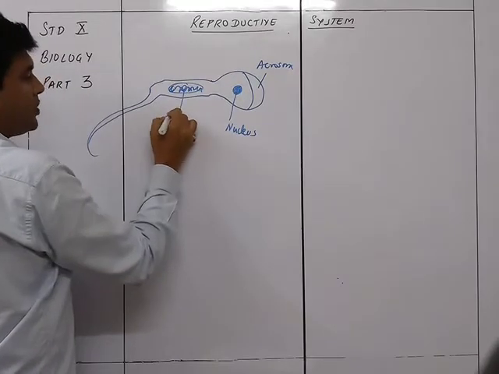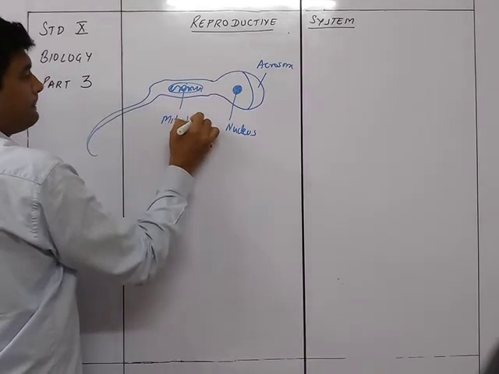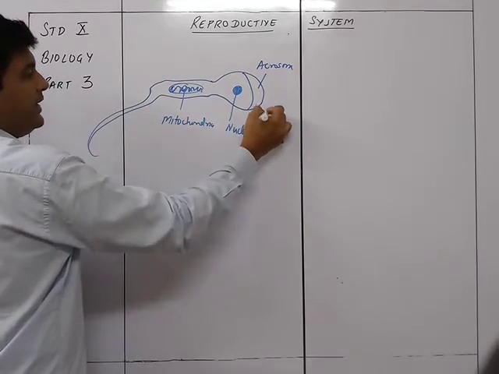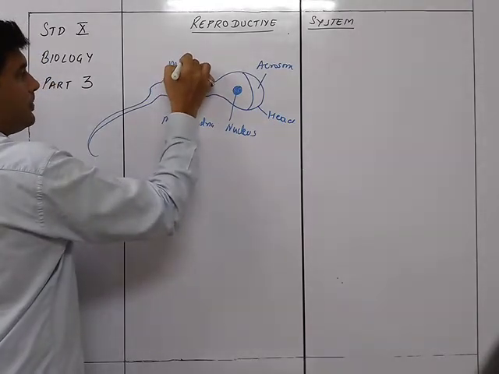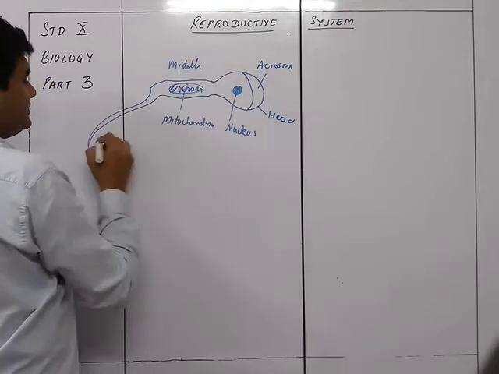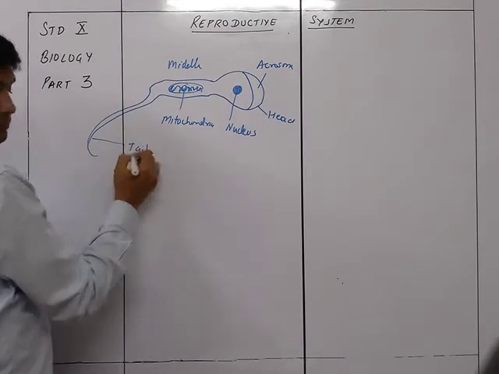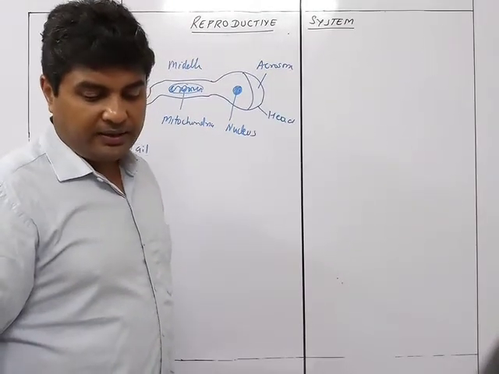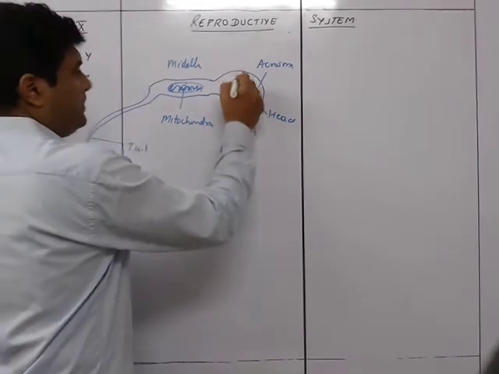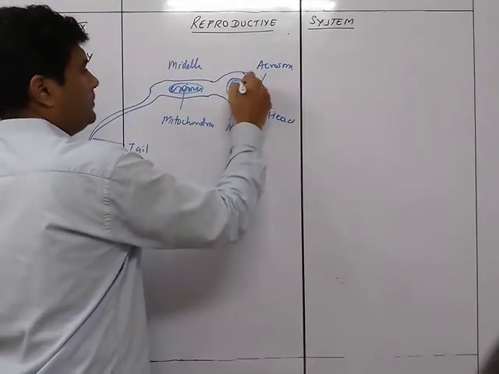This is the mitochondria. This is the head, I would say, the middle layer, and this is the tail. So middle piece, head and the tail. The nucleus is bigger, I just drew it too small.